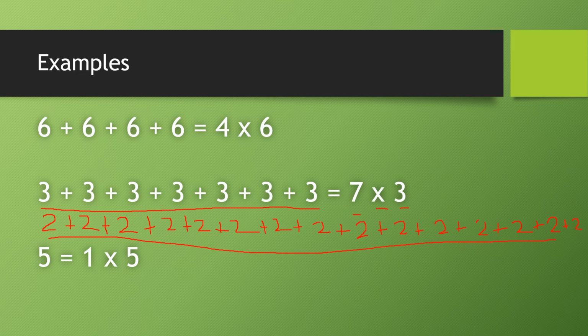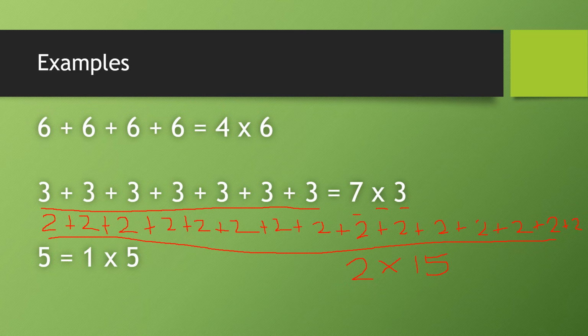Now how many twos do we have? 1, 2, 3, 4, 5, 6, 7, 8, 9, 10, 11, 12, 13, 14, 15. What if there's 100? It takes a long time to write like this. So we can write it like 2 times 15.